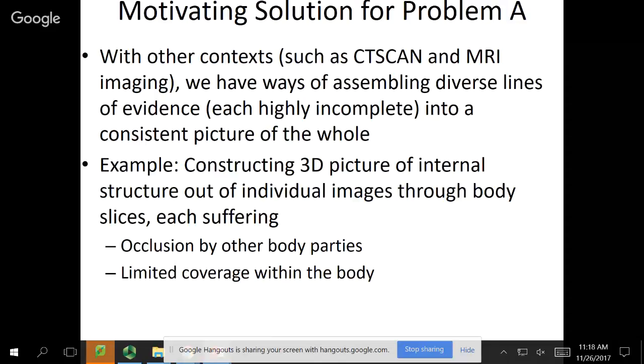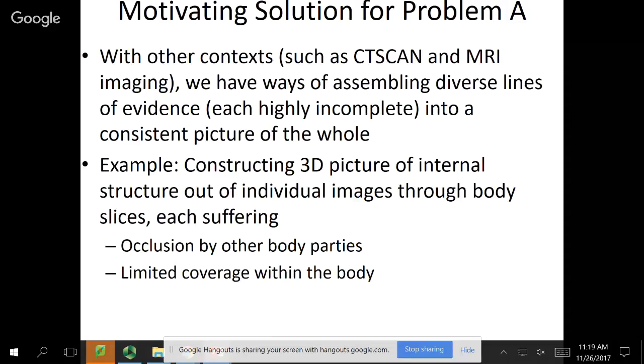Part of it has been blocked from a given angle. If you're sending X-rays through the body, bones will occlude some tissues and so on. So a given image coming out of a CAT scan along the way might have lots of occlusion in it. It has limited coverage. It only shows certain parts of the body. But you knit them all together with this underlying mathematics, and you get a 3D picture of what's going on.